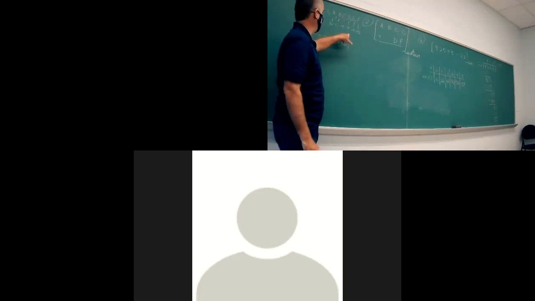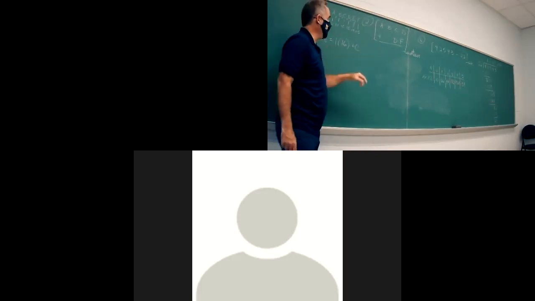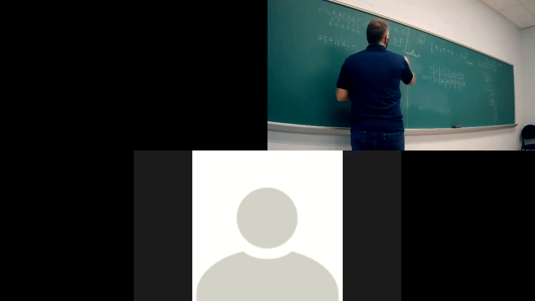Then I go back to my chart here, and what is 12? It is C. So it's 1C. That means I write down the ones place, which was C, and I carry the first place, which was 1.